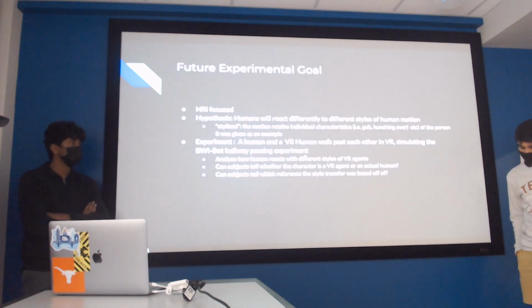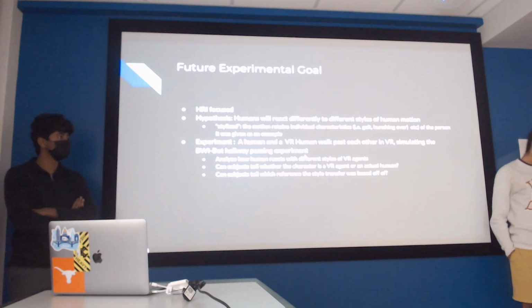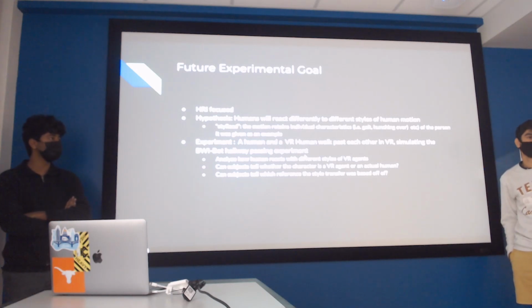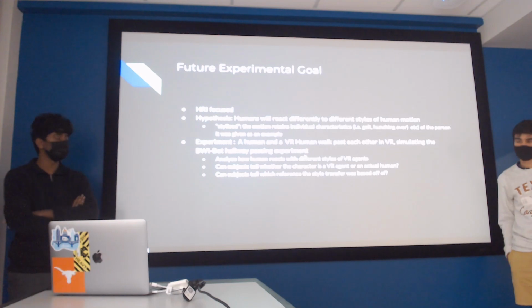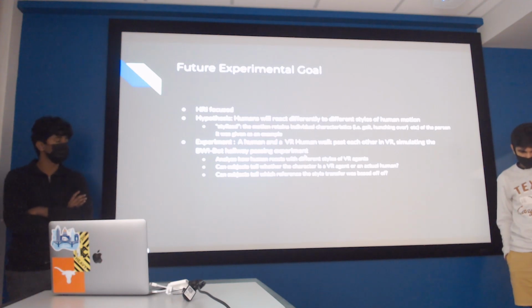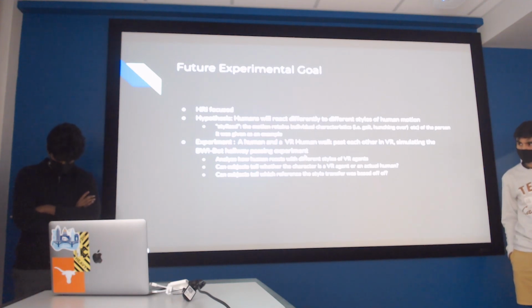Yeah, and so going forward from this, we have a proper model that's able to, in a lot of cases, generate proper realistic human motion. And so the goal is to integrate this into lab research and doing stuff with VR. We talked initially about how humans will react differently to different motions, based on the style.